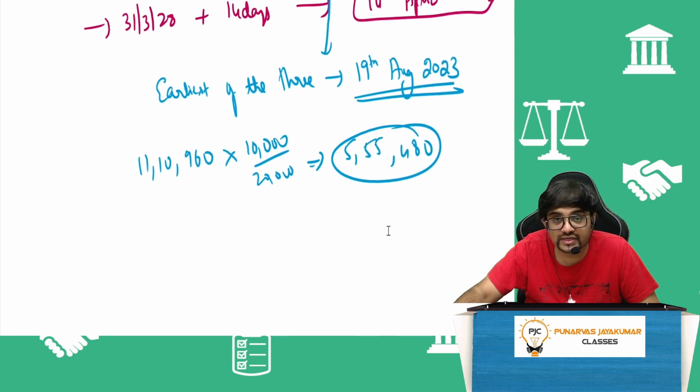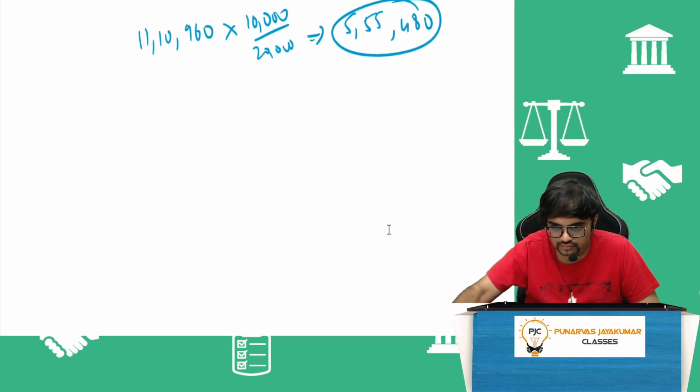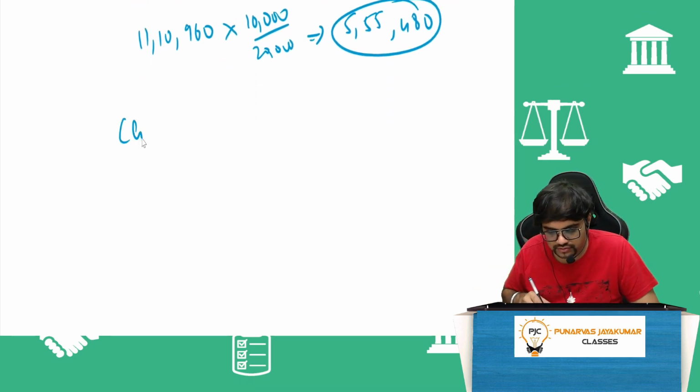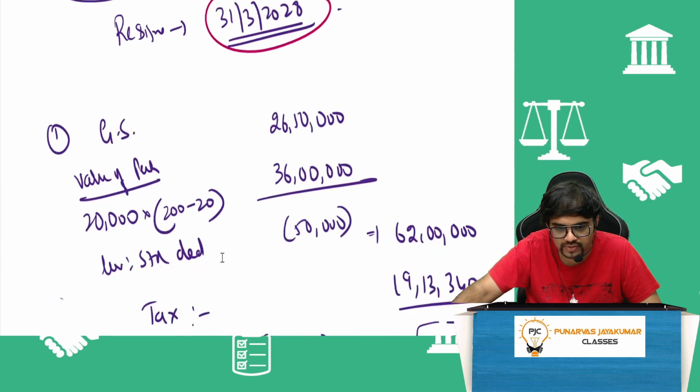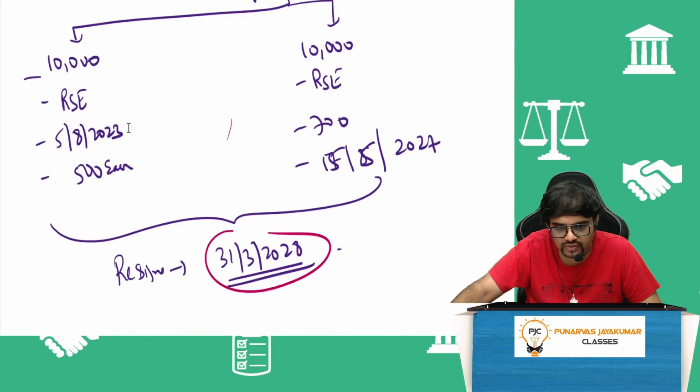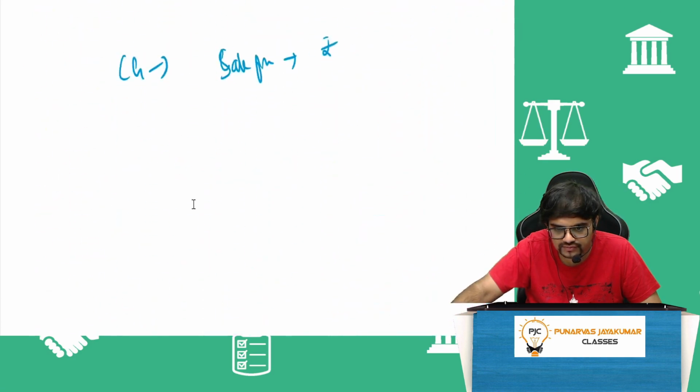If this is not deducted, deemed to be in default. Capital gains will be what? Sale proceeds. Sold it for what amount? 500 rupees, right? 500 rupees into 10,000, 50 lakh.